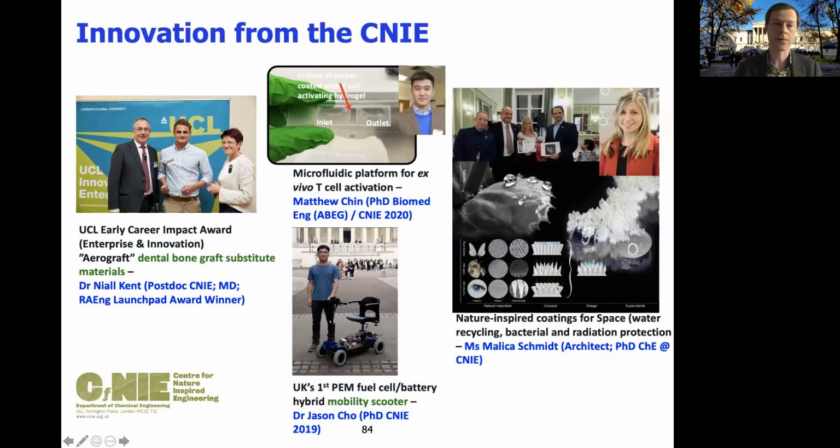And then another one that's very timely is a microfluidic platform developed by former PhD student Matthew Chin, together with colleagues in medicine, the group of Richard Day, to learn from the immune system itself for immunotherapy for cancers, right? He designed and built this microfluidic platform through which you can use chemical engineering principles to create these adoptive T cells.